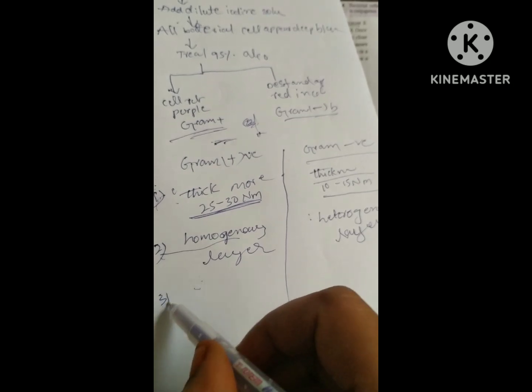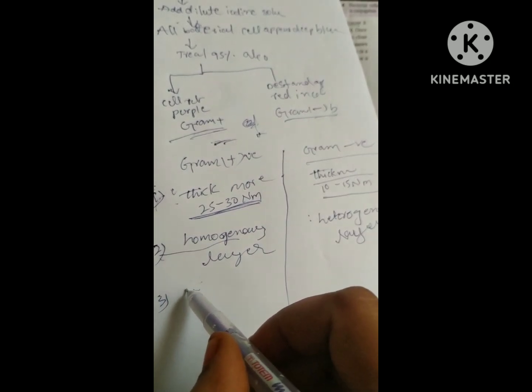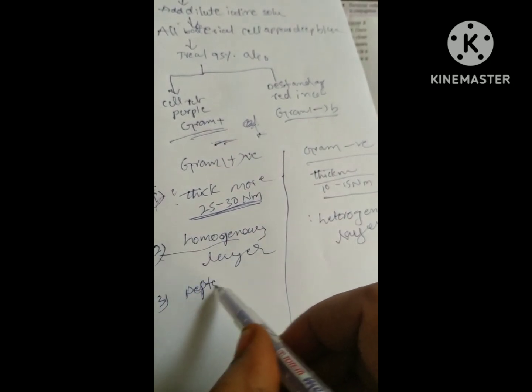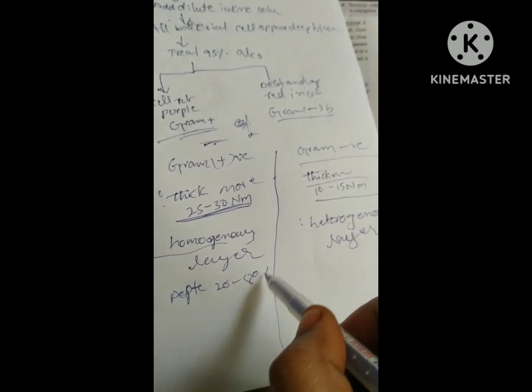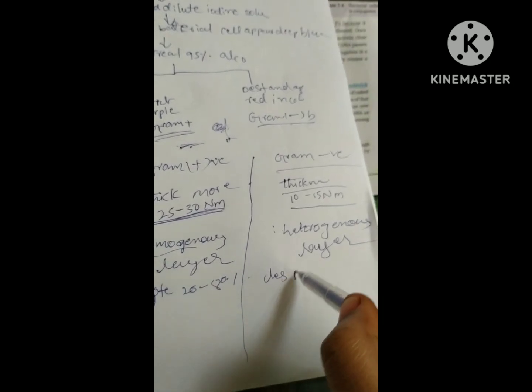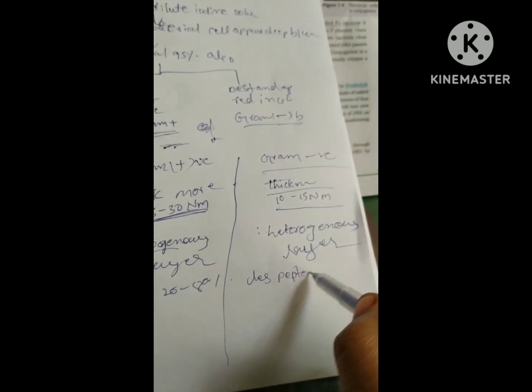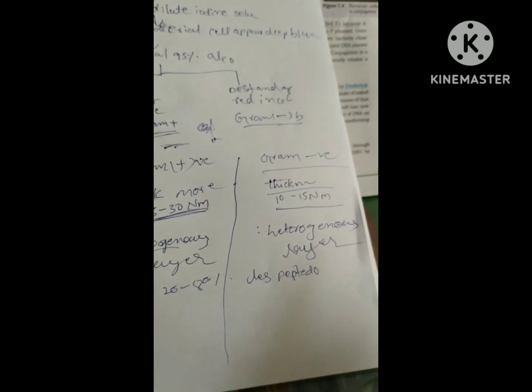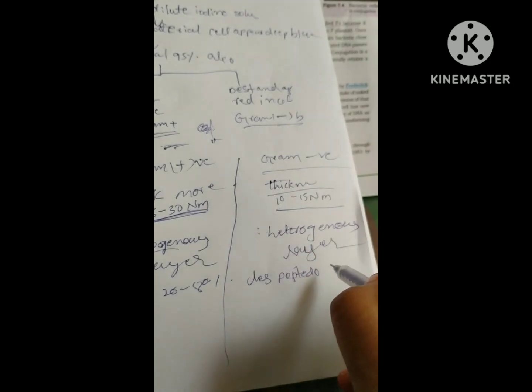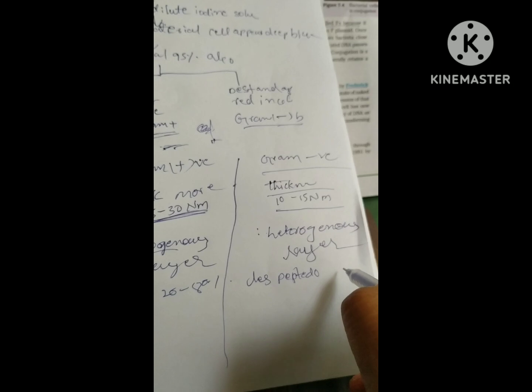The third one is the content of peptidoglycan: high in gram positive, 20 to 80%, and less in gram negative, 10 to 20%.